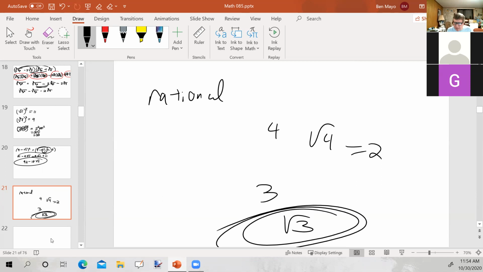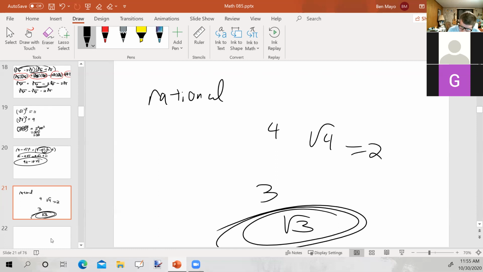You cannot write it as a fraction or a whole number or a repeating or a terminating decimal. The square root of 3, let's see, on my calculator, is 1.732050808, and then it rounds off. Okay, it would be kind of like me. It just goes on and on and on, or like the Energizer Rabbit.